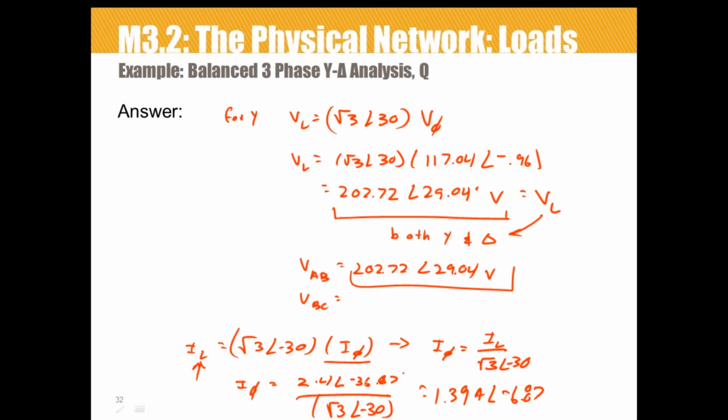Since I used the phase A current, or the line A current here, whatever you want to call it, this gave me IAB in the delta connected load. IBC would be that rotated by 120. IAC would be that rotated by 240.